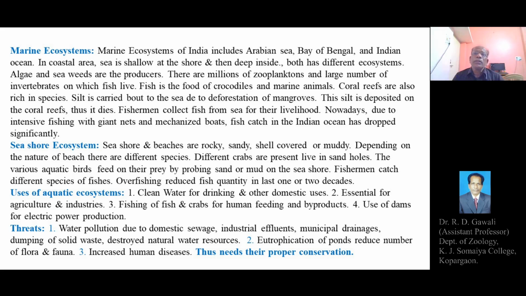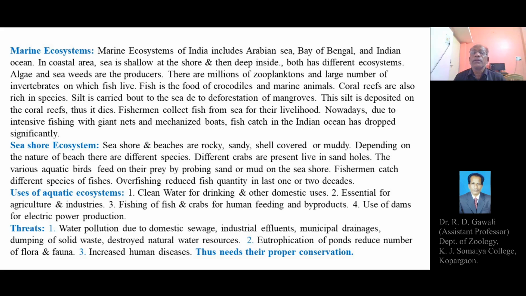Due to the release or drainage of different types of waste, maybe organic waste, inorganic waste, or domestic sewage, industrial effluents carrying many toxic chemicals, then municipal drainages carrying different types of disease-causing agents, this will lead to the contamination or pollution of drinking water sources, and ultimately this will increase human diseases.